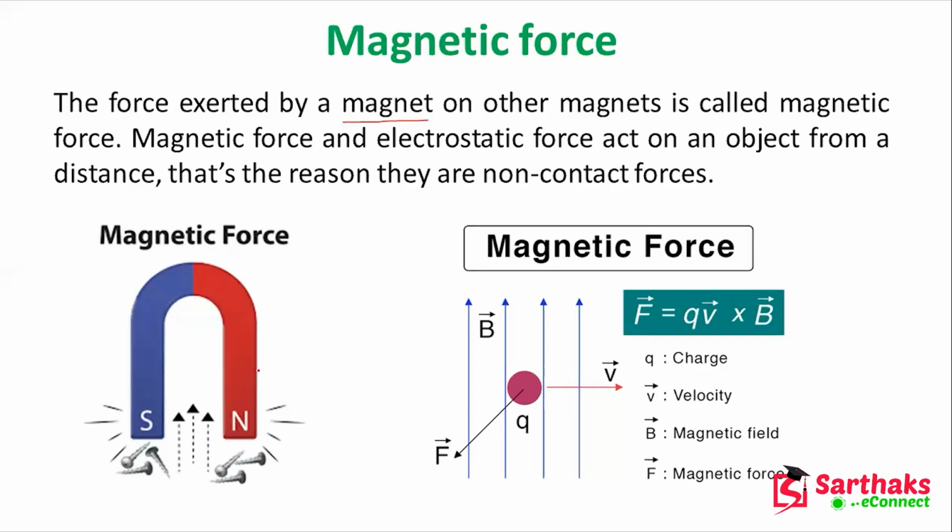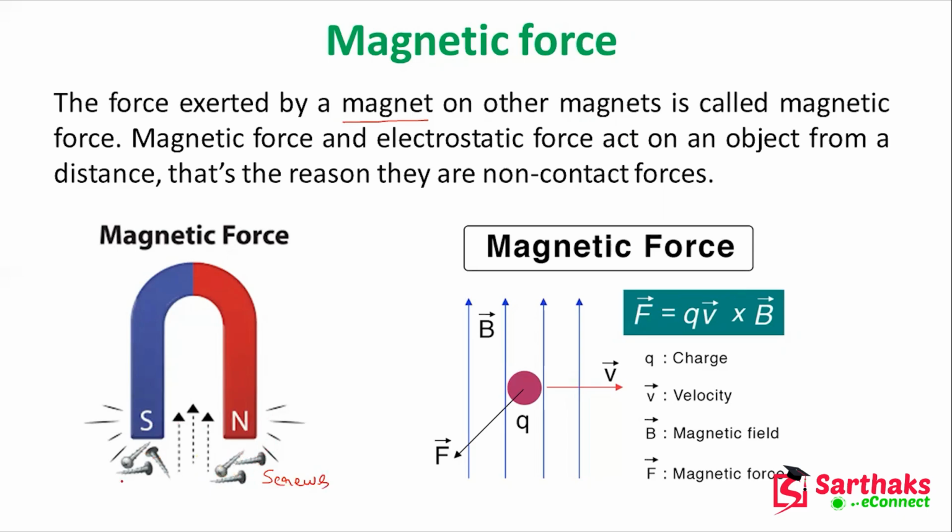So this is the magnetic force, where this one is the magnet and this is the north pole and this will be the south pole. These are the screws, okay? And in that screw also you have a part here, some iron has been mixed here.